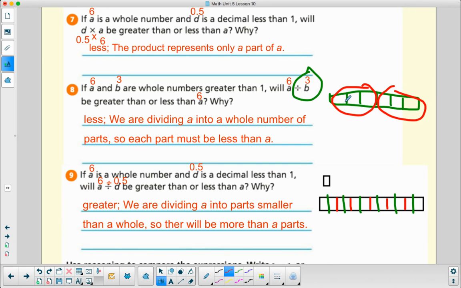And since we're putting more than one whole in each group, I have to have less than 6 groups.